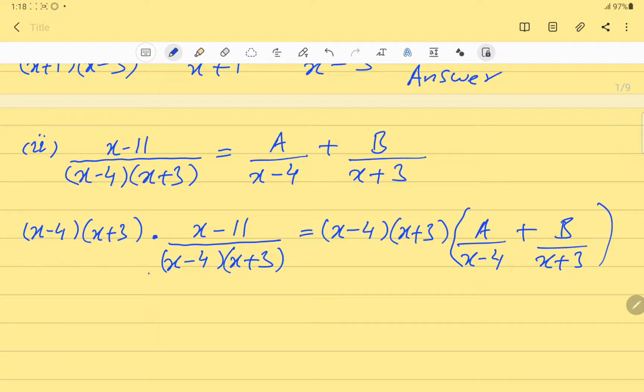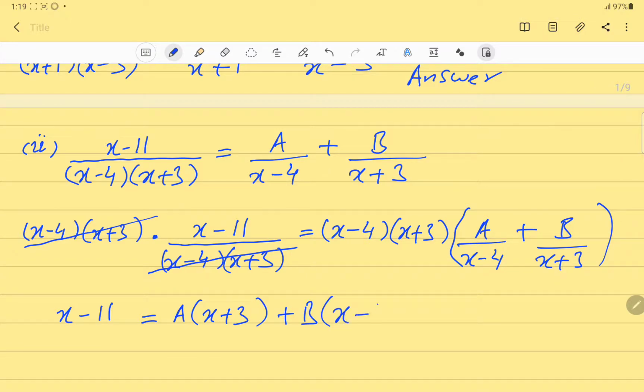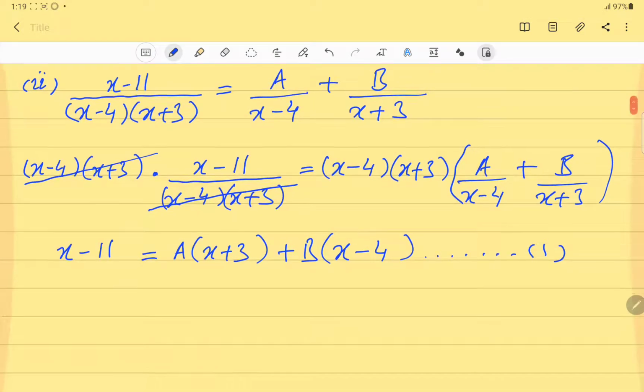On the left side, these two terms will cancel with each other. We are left with x minus 11 is equal to, when we multiply (x - 4)(x + 3) with the terms inside the bracket, a into (x + 3) plus b into (x - 4). We will call this equation 1.